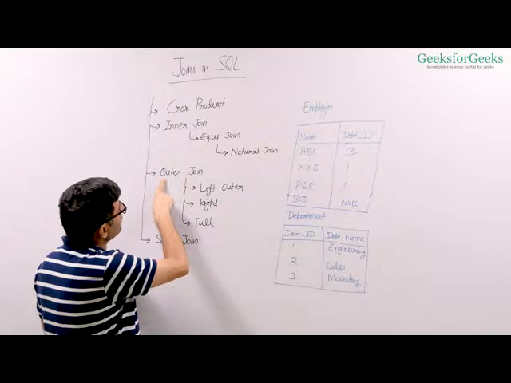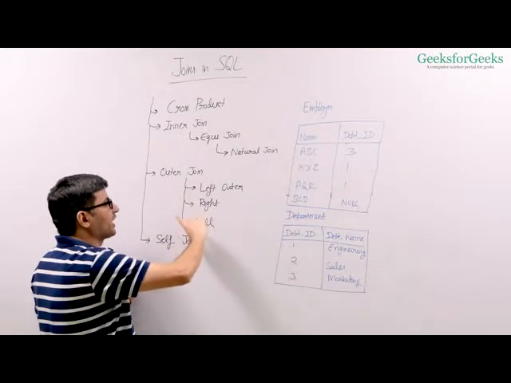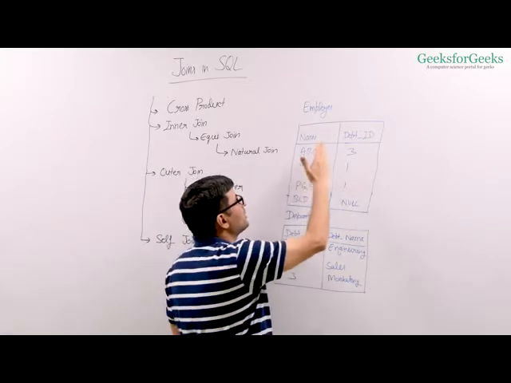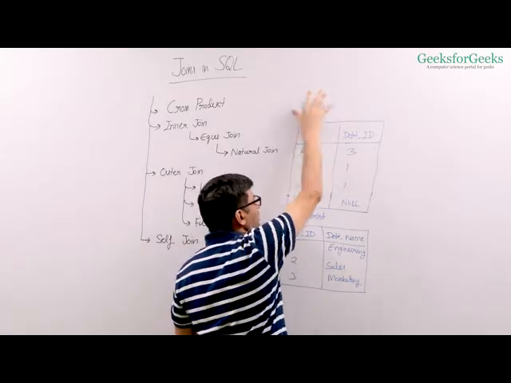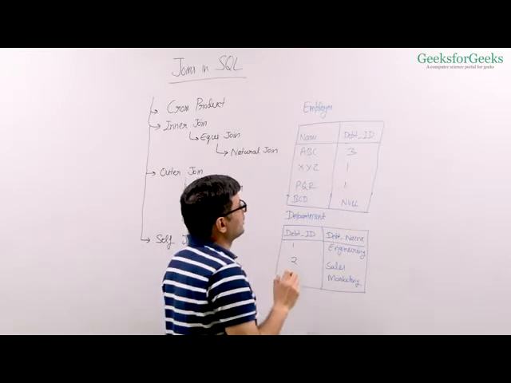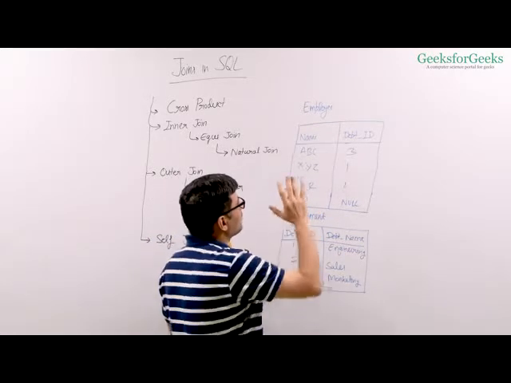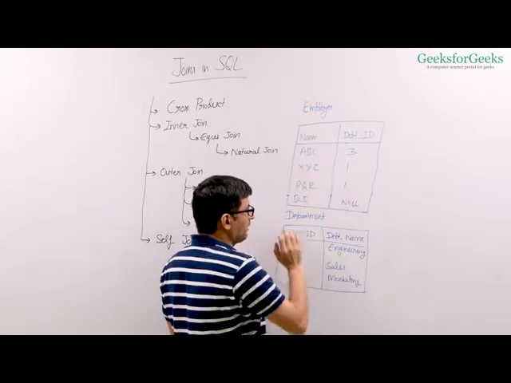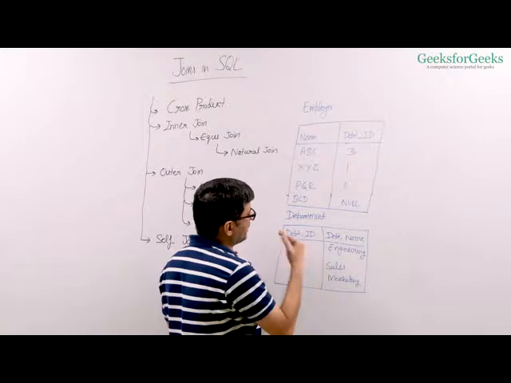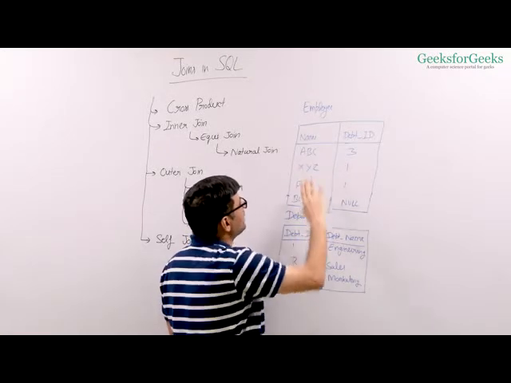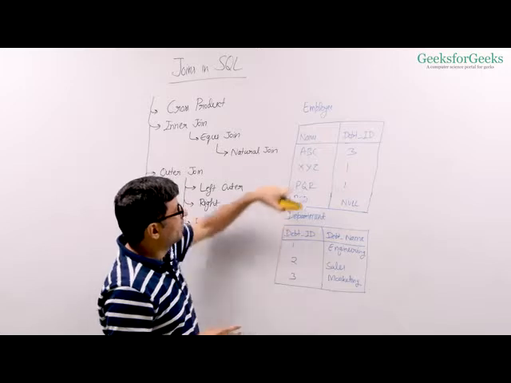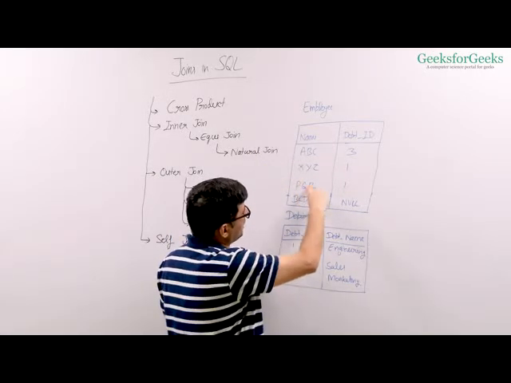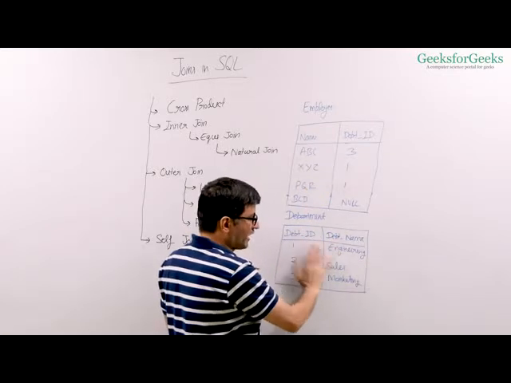Next one is outer join. Outer join is of three types: left outer, right outer and full outer join. When you are doing a left outer join, say your left table is employee and right table is department, your left outer join will have all rows of the left side table and will have only those entries of the right side table which match with the left side. So there will be 4 rows for sure, and for the entries of this table which do not match the right table, they will be null.